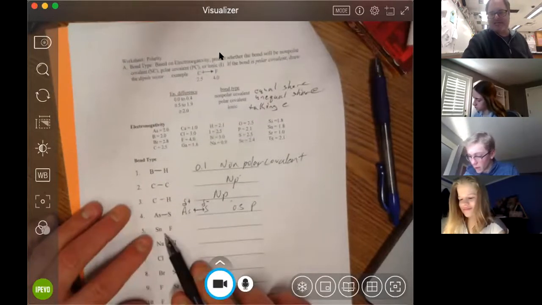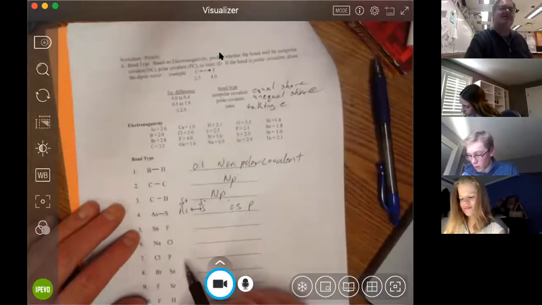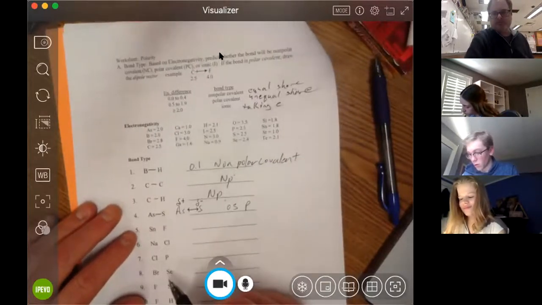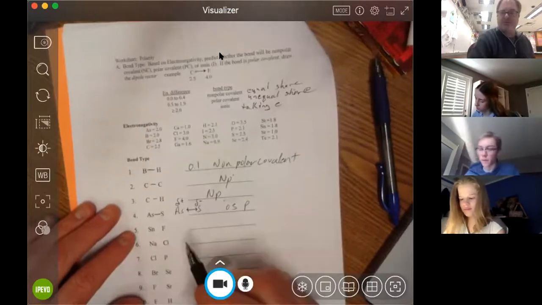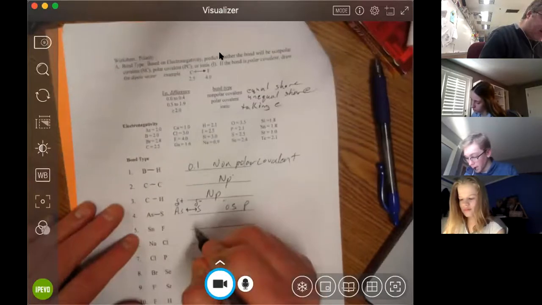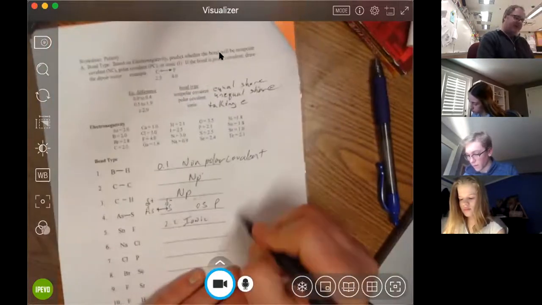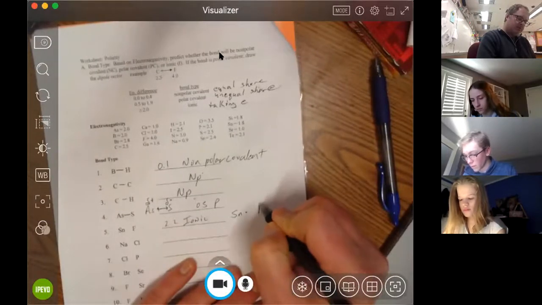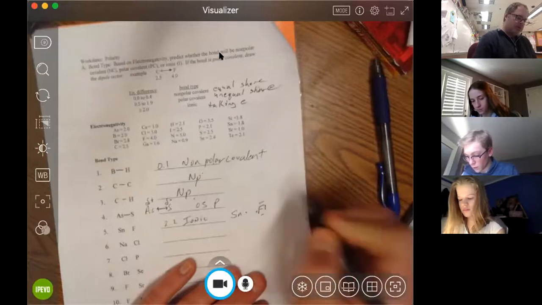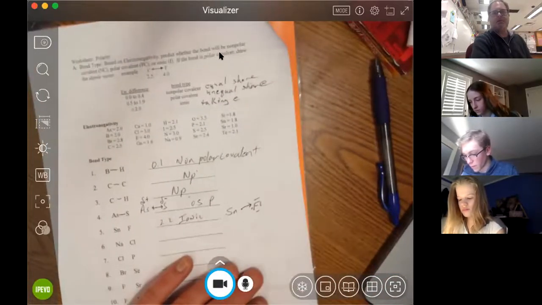So if we take a look, Sn-F, what's the electronegativity difference for Sn-F? 2.2. So that's looking at ionic. So what has happened there is that Sn has basically lost that electron.